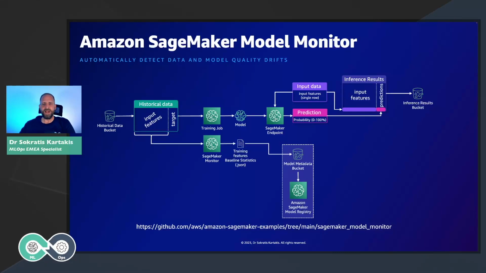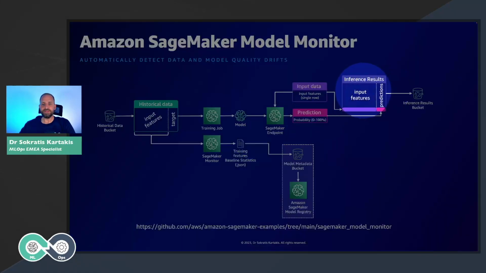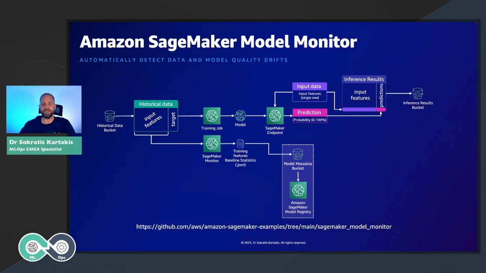Now, after we have collected a number of records, like 1000, it starts to make sense to check and monitor the behavior of this data against the data that we used to train a model. That means that we need to schedule the monitoring job to run every time that we have enough data. And this is how SageMaker Monitor can help us on the other hand.